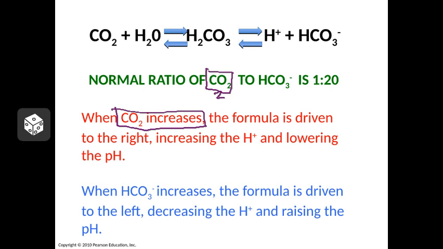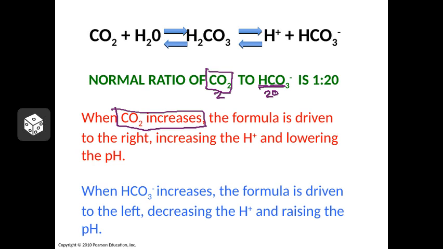And at first, before equilibrium is reached, there will be 20 molecules or ions of bicarbonate. What happens? Well, that is not chemical equilibrium. That is not the normal ratio.